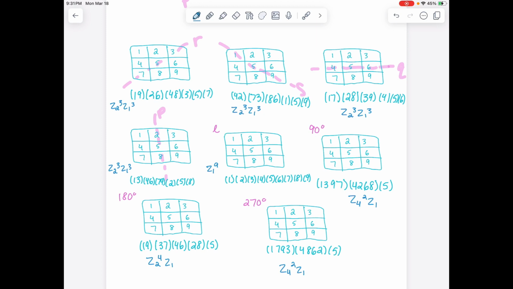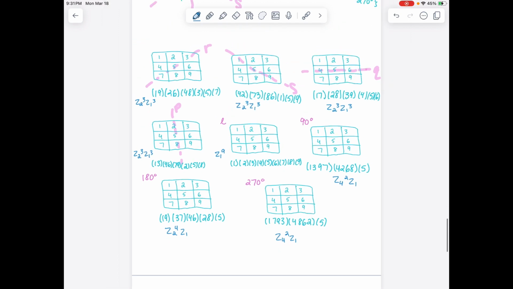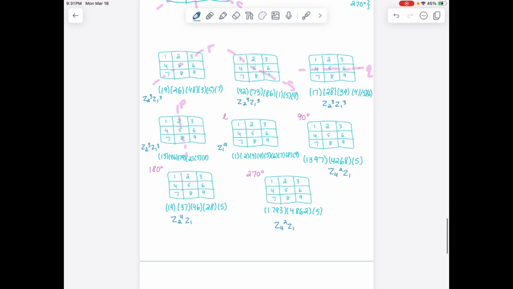I started already alluding to it. We have the cycle monomials. I just filled those in, and we can now make the cycle indicator.